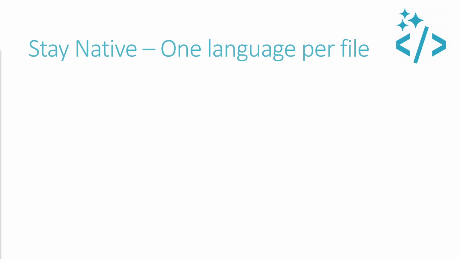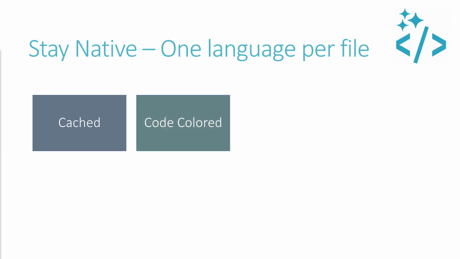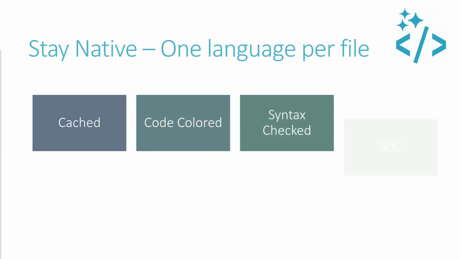Okay, we should have one language per file. The motivation is that this enables caching. For example, CSS files and JavaScript files can be cached for faster retrieval once they are loaded once. Code coloring is very helpful, and the syntax is checked.